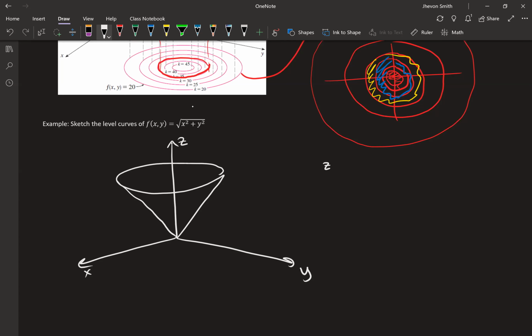So if z equals 0, we would get this point here. And if, say, z equals 1, we would get this here. And we can say z equals 2.